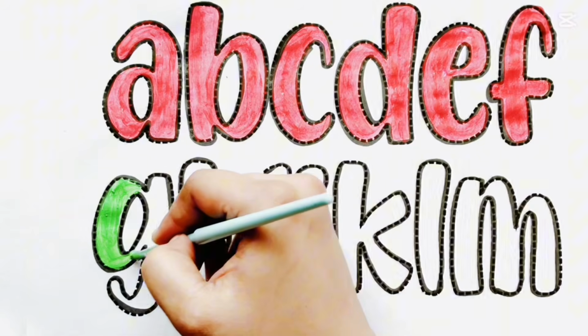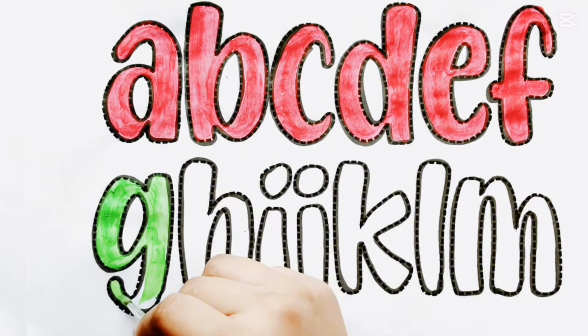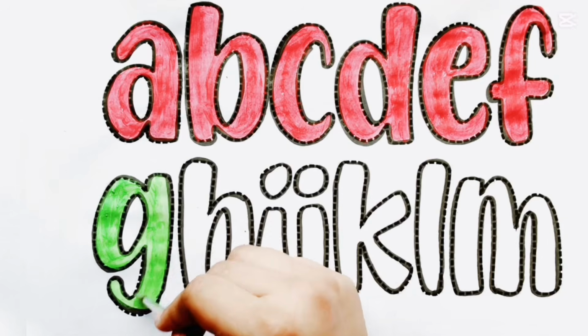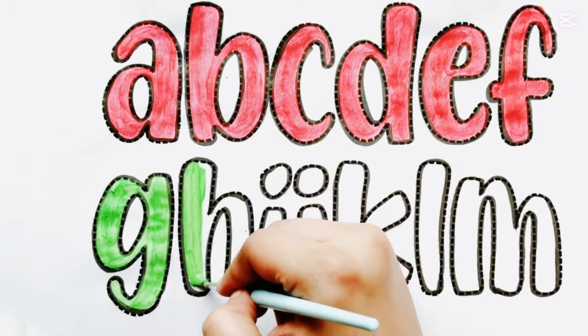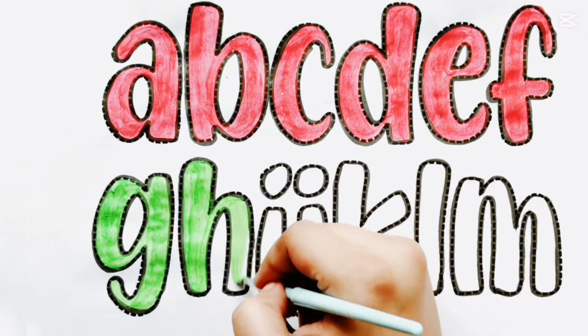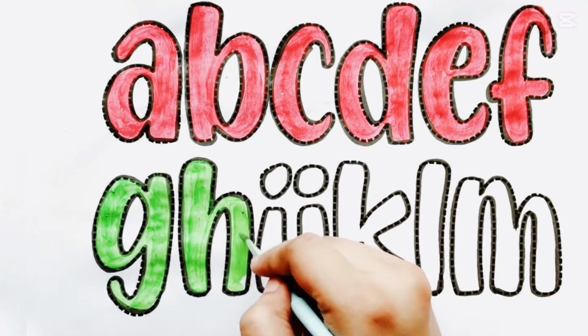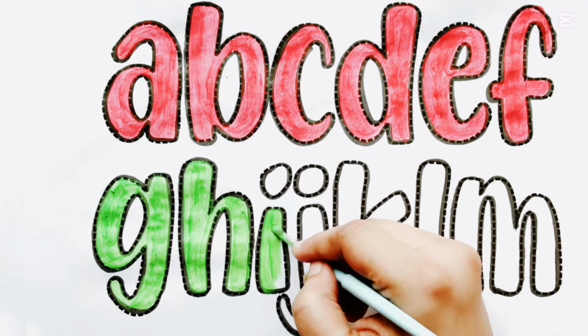Light green color. G for grass. H for house. I for ice cream.